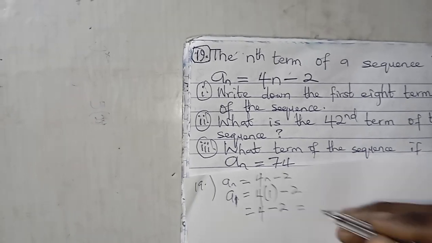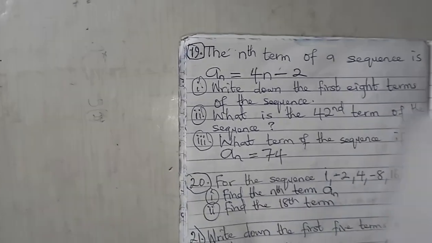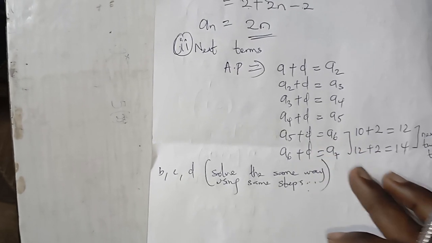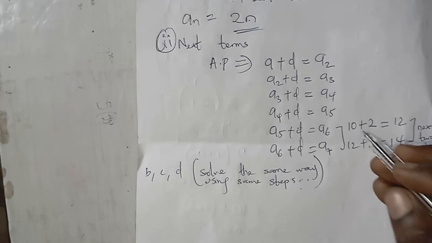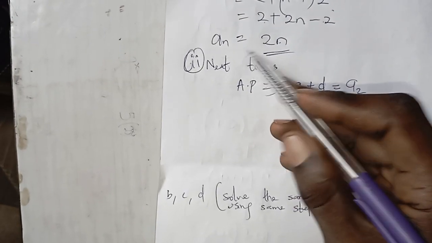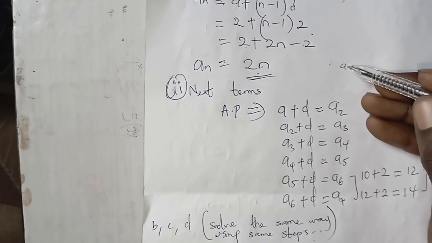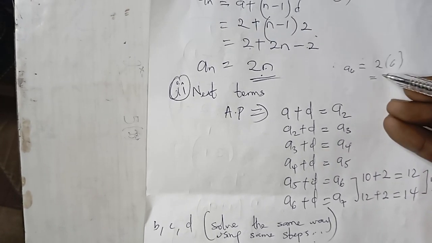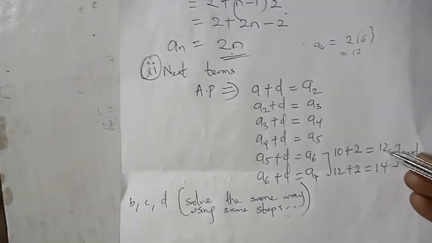So equals 2. Even if you look here, at the last question we did, something like this can work. If we say the sixth term a6, since an is 2n, we'll say 2 times 6, it will give us 12, which is this 12.